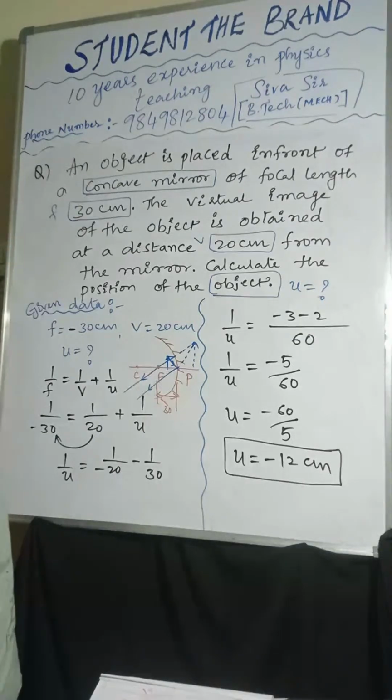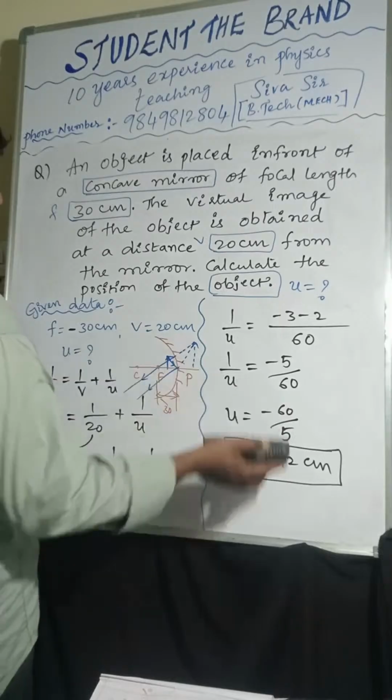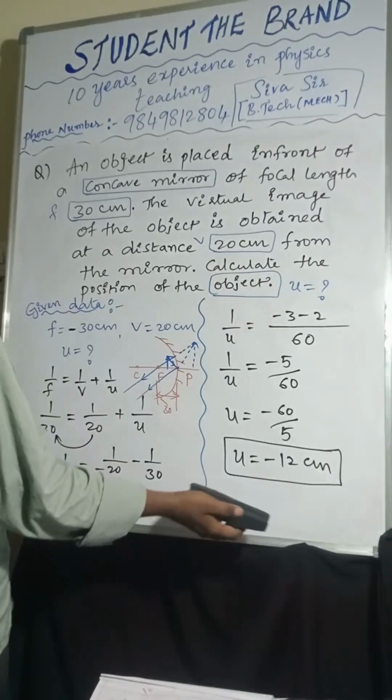Okay, done. So thank you. Just check once. If you have any doubts, let me know. I'm going to the next one. Calculate the position of the object. They only asked us to find the object distance, so we found it.